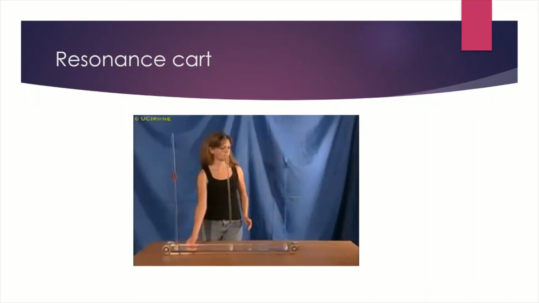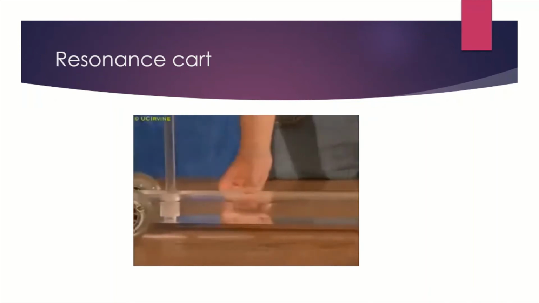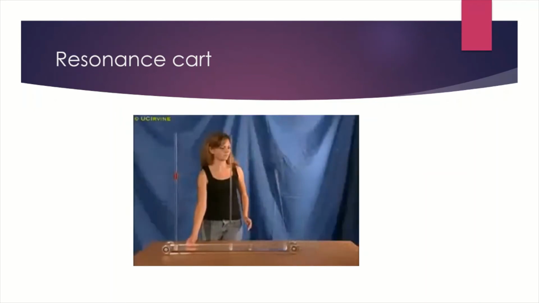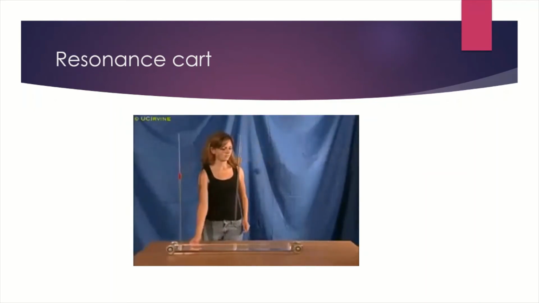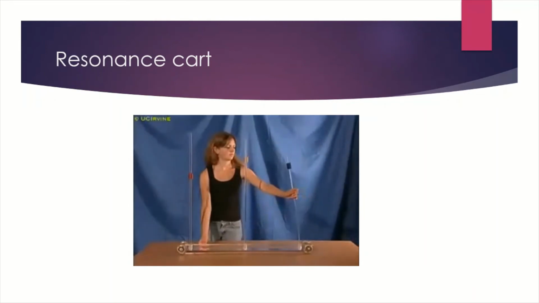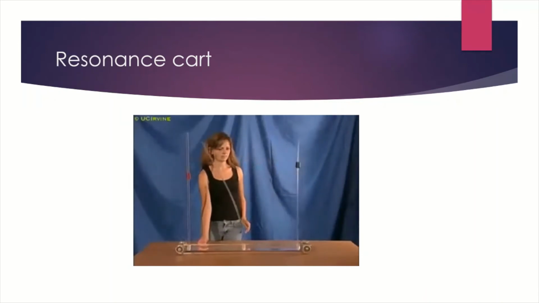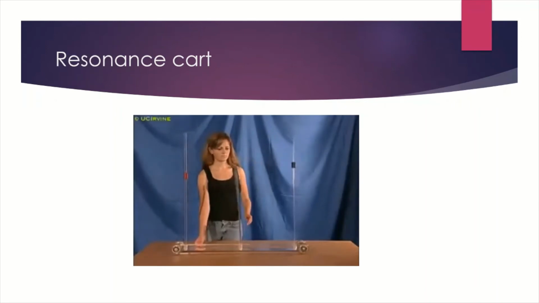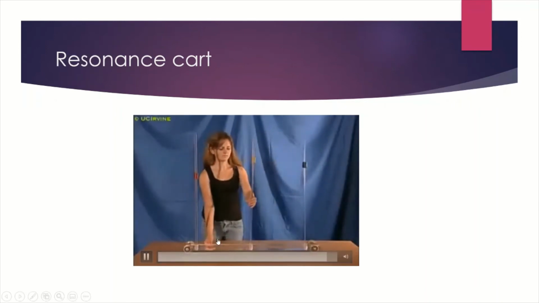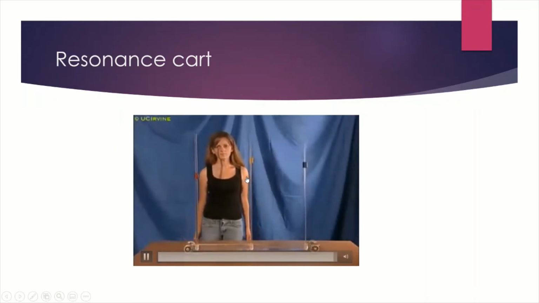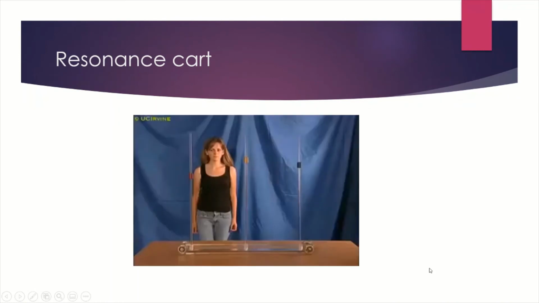When she matches the natural frequency of the blue weight by vibrating the cart slowly, the blue weight has the largest amplitude. When she matches the natural frequency of the yellow weight, it resonates with her shaking and has the largest amplitude. Okay, so you see that if it matches the natural frequency, it will oscillate at maximum amplitude. So this is resonance.